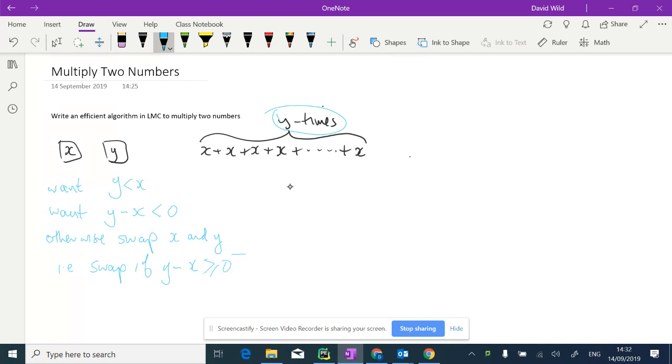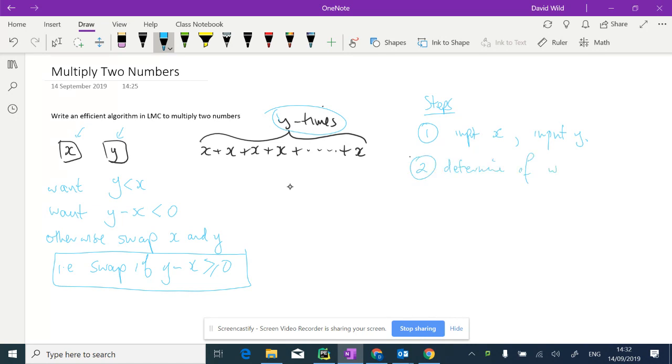Okay, so in other words, we need a way of inputting x, inputting y, and then we're going to do this check. So our steps, if you like: Step 1 is we're going to input x, and we're going to input y. And then we're going to determine if we need to swap, by doing this calculation here.